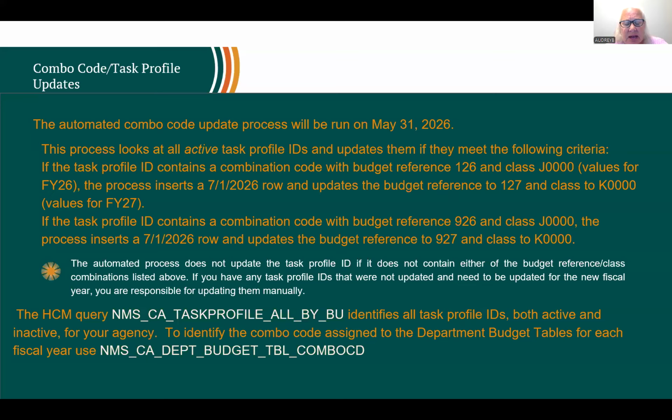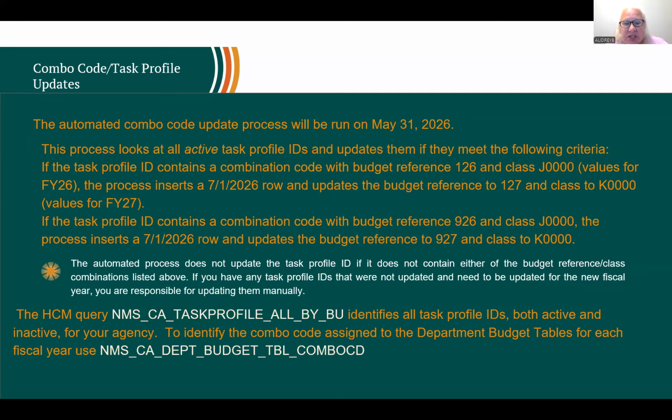Additionally, the second query will help you to identify combo codes that are assigned to the department budget tables for each fiscal year. So not only do the combo codes need to be identified, but the budget tables need to be updated as well.